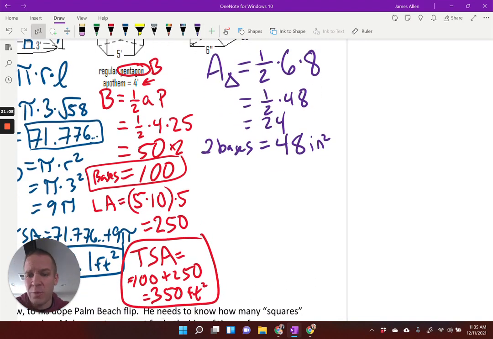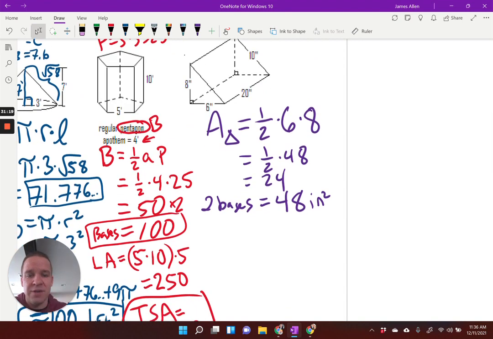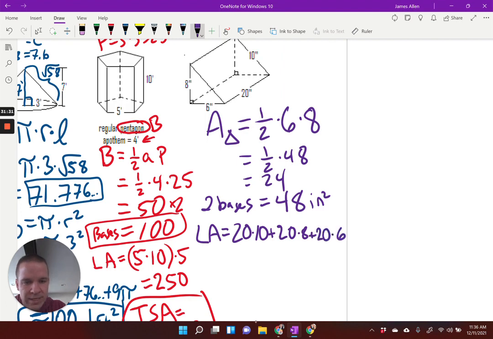Sometimes I forget my units along the way. Most important is units at the end there, unless we have a lot of different units throughout the problem, then you really have to keep them straight. Okay, so now my rectangles. It looks like we actually have different rectangles this time. So lateral area consists of a 20 by 10, a 20 by 8, and a 20 by 6.